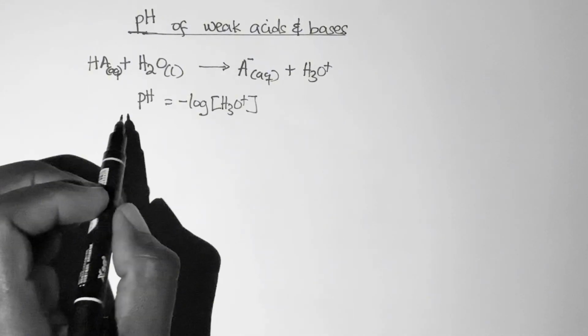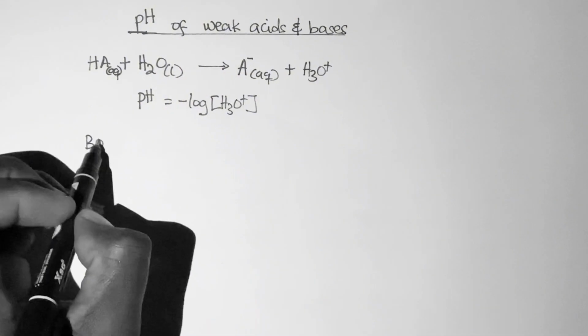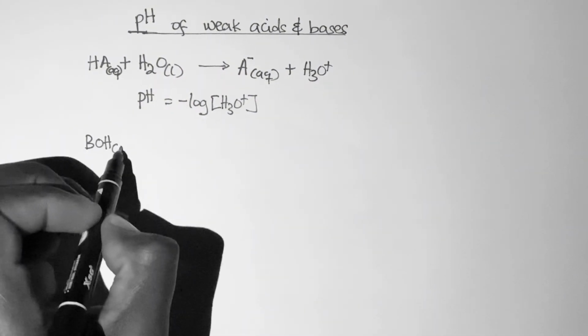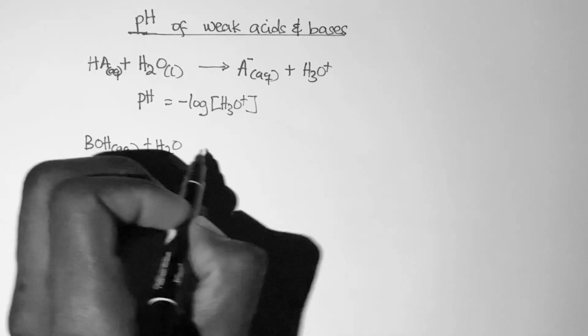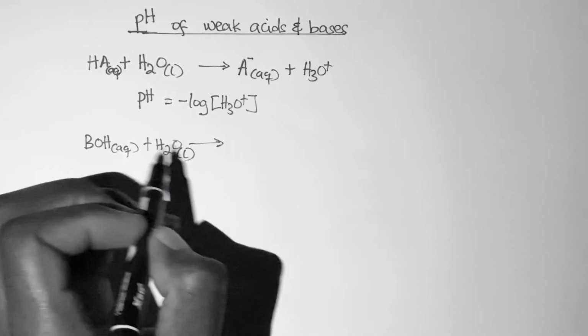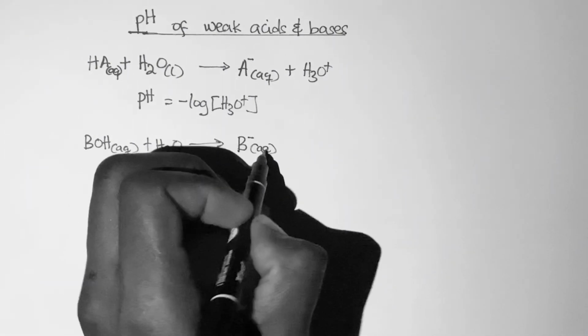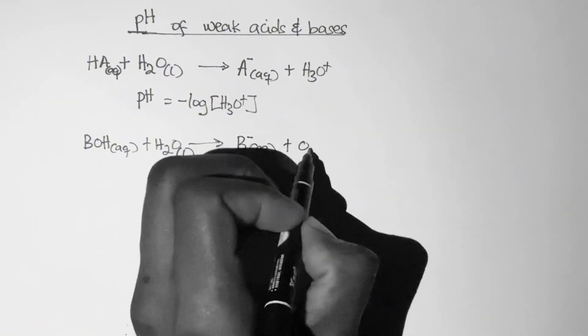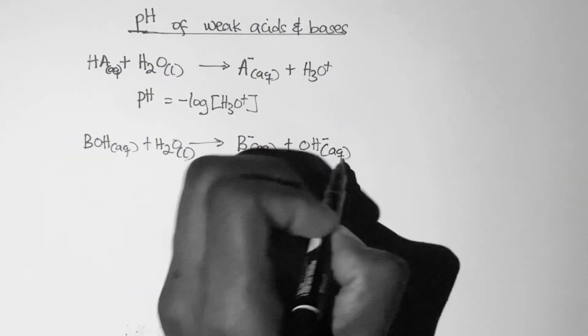It is the same thing when we come to bases. So for example, if we have a base of this form BOH in aqueous phase and then we put it in water, then it will undergo complete dissociation. So we will have the B+ in aqueous phase, plus the hydroxide anions also in aqueous phase.